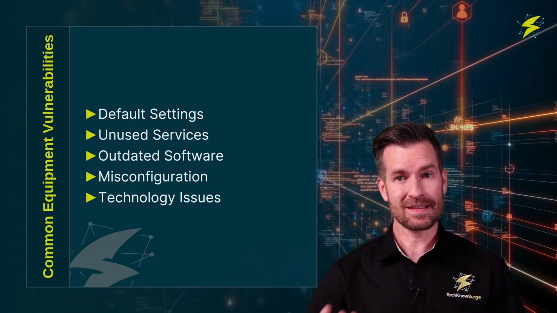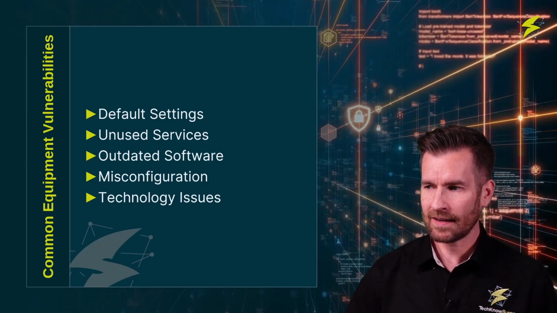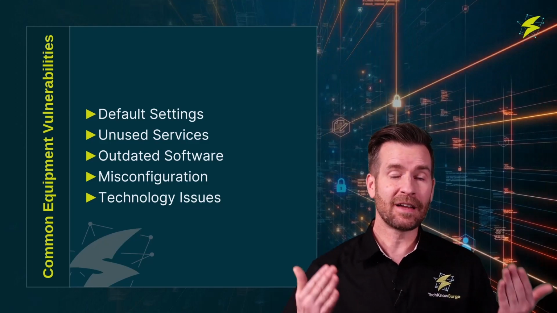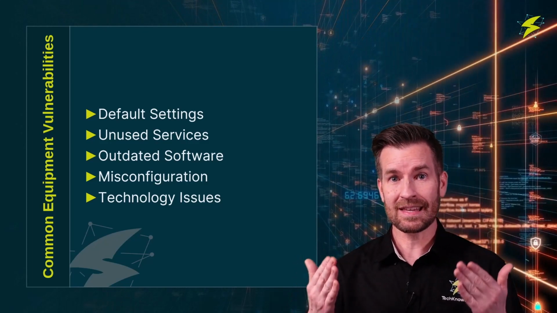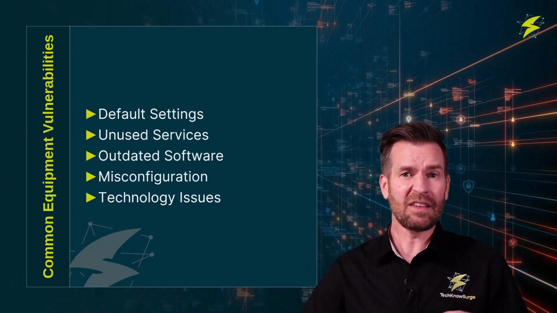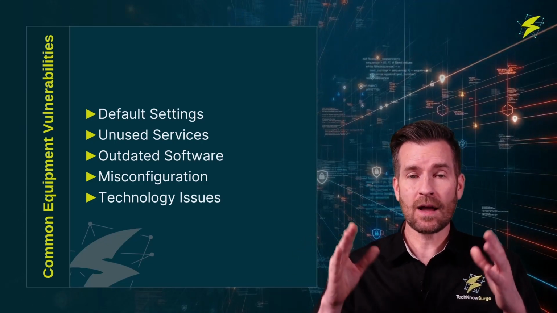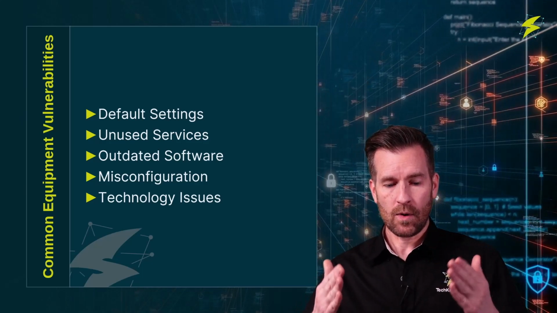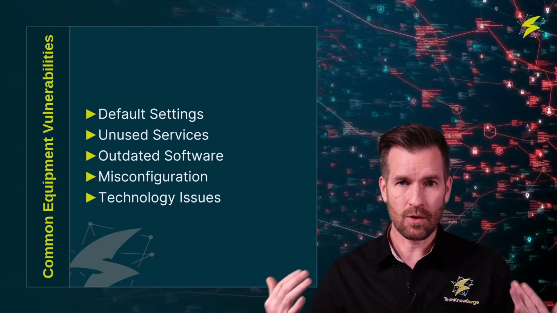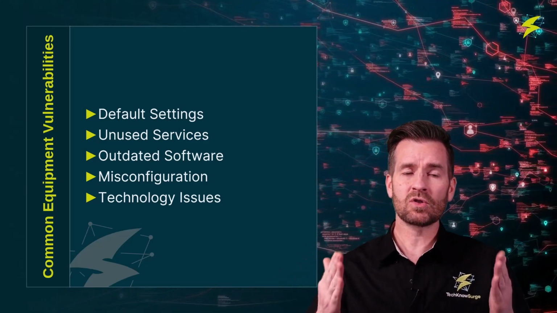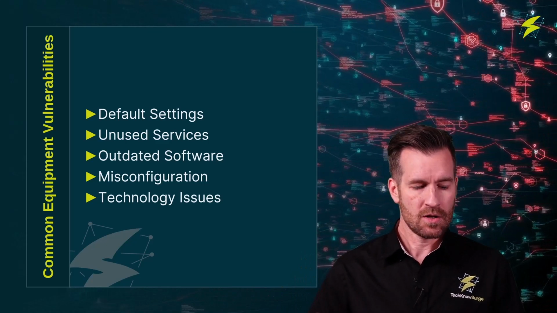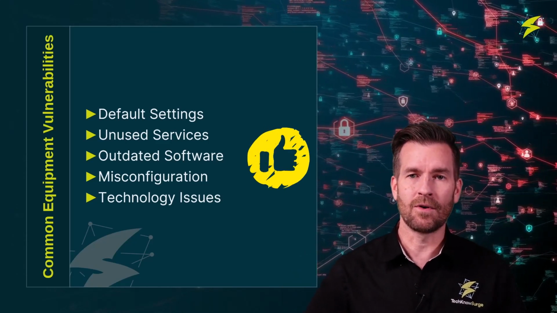Are we misconfiguring things? Are we configuring it correctly? And then there are a bunch of issues, vulnerabilities within technology itself. Now, all of these, there are ways that we can compensate for it. And so there are things that we put in place that we are going to talk about in the rest of this course to make sure that we are secure. So that is common equipment vulnerabilities.